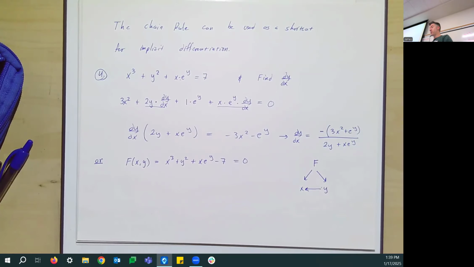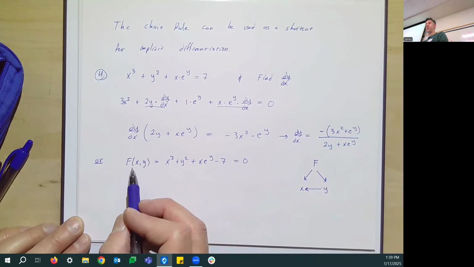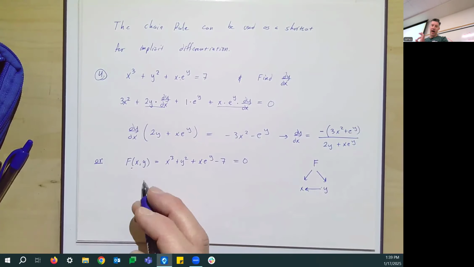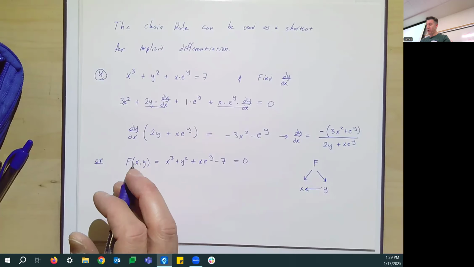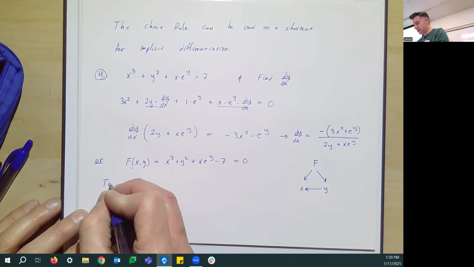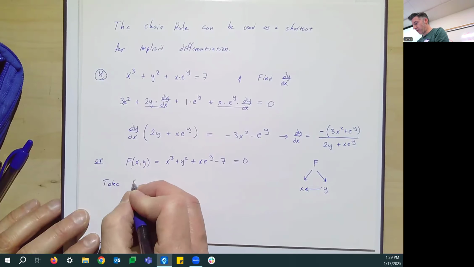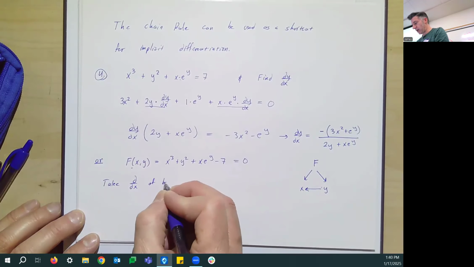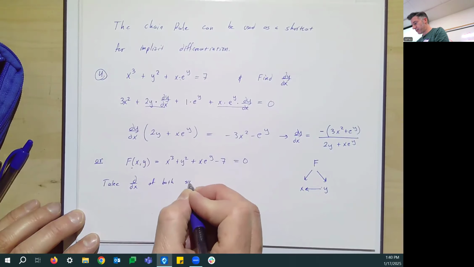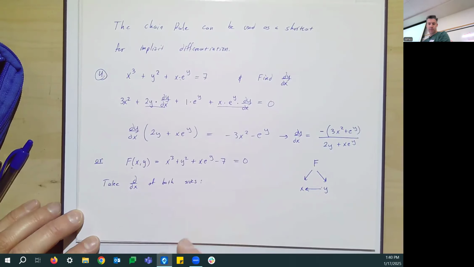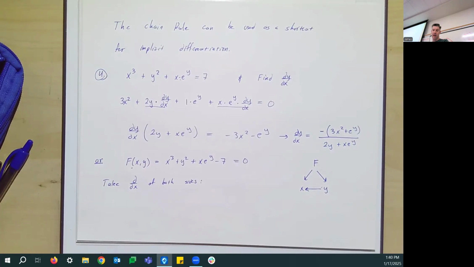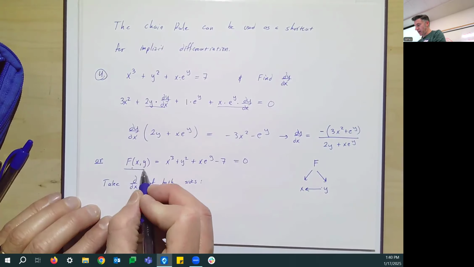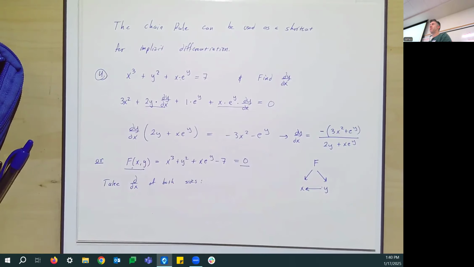So if we take the derivative of both sides here, we're going to take the derivative with respect to x of both sides. When I say both sides, I specifically mean this side and this side.